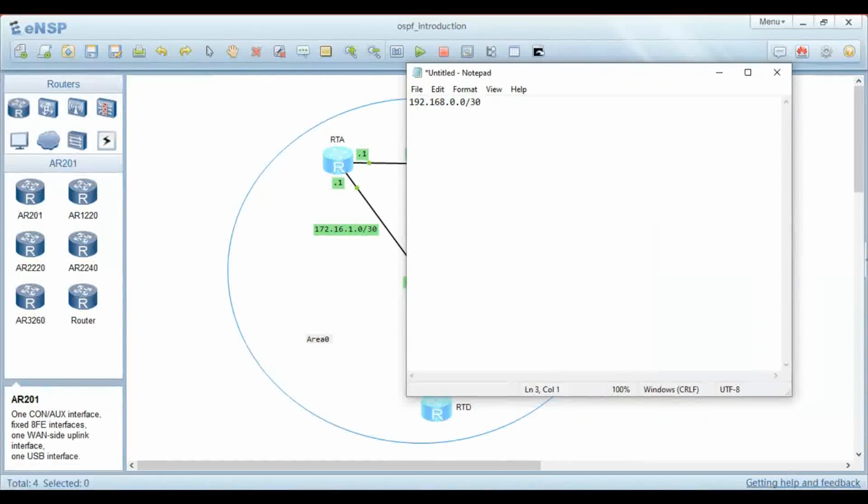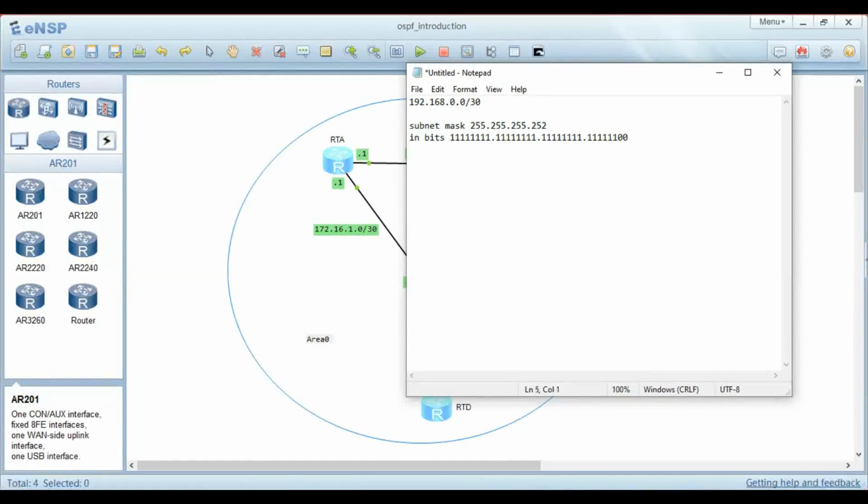In long format, the subnet mask is 255.255.255.252. If we write it in bits, it will be 11111111.11111111.11111111.11111100.